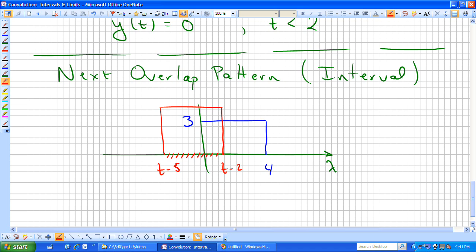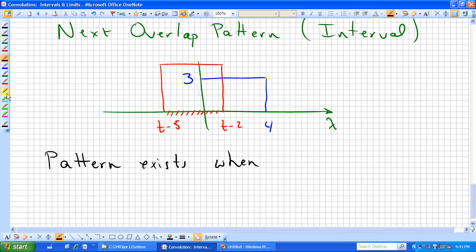Let's just look at when this pattern is true. This pattern is true, or exists, when this particular endpoint in the x of t minus lambda has now slid beyond lambda equals 0. So this particular pattern is true as long as t minus 2 is greater than or equal to 0.